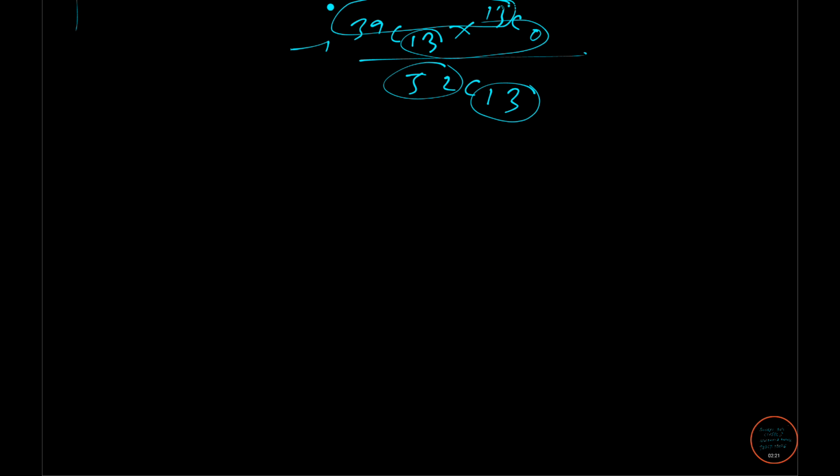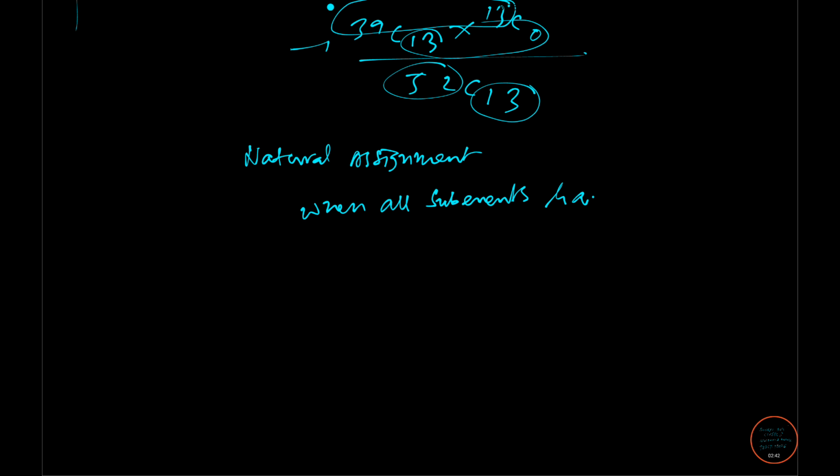Simply, an assignment of probability is called natural or equiprobable if each assignment has the same probability. So that is called the natural assignment, when all sub-events have equal chances of occurrence. That's it.